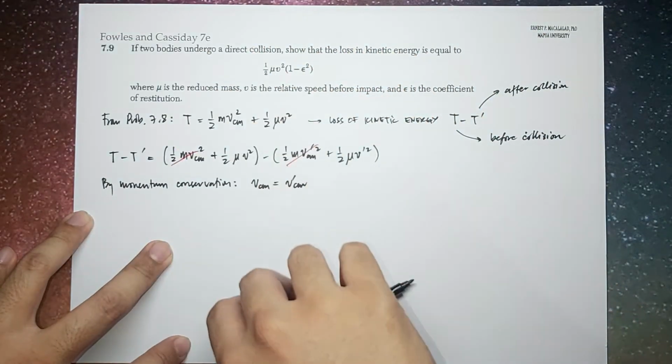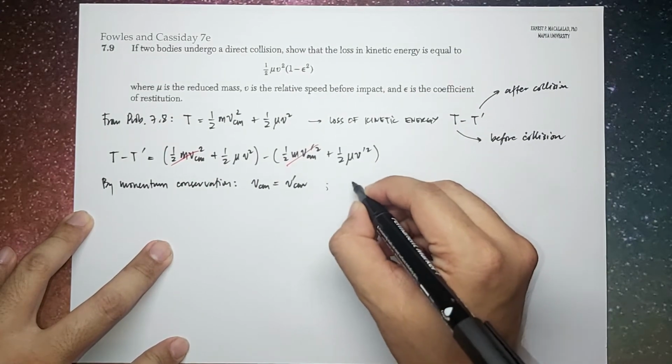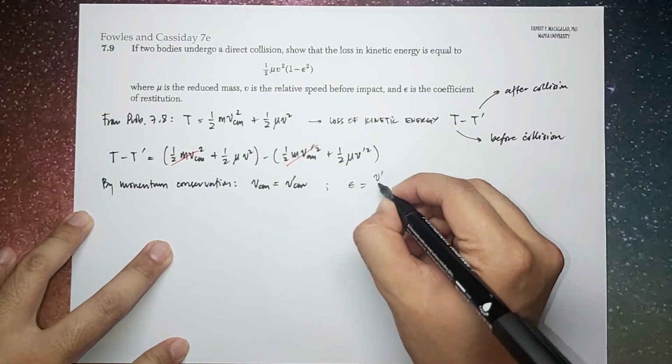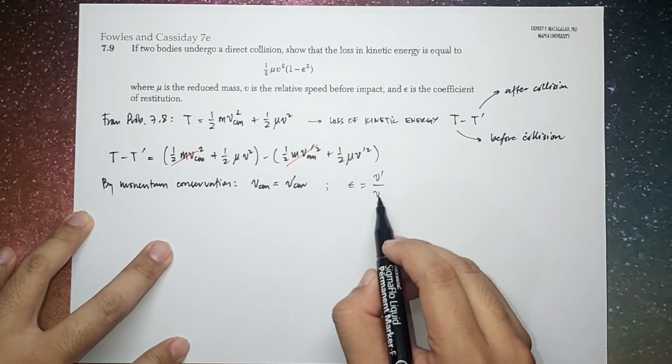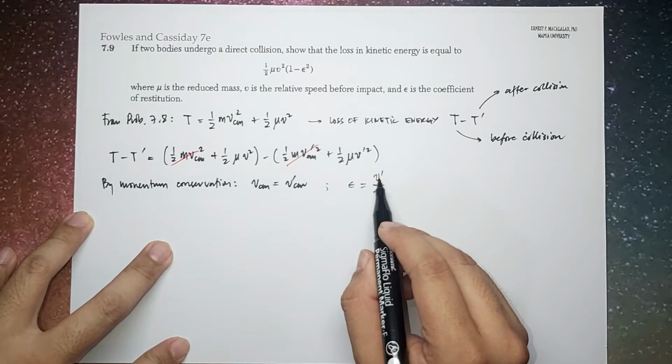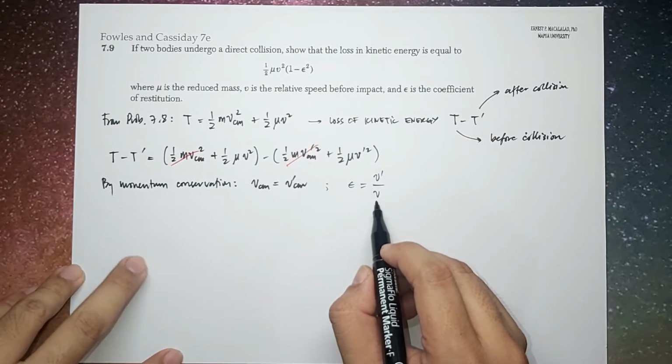Okay, and the coefficient of restitution is v prime over v. This is the relative speed after collision, and this is the relative speed before collision.